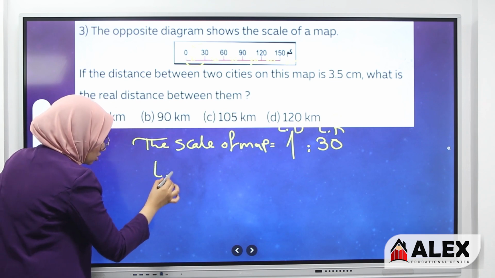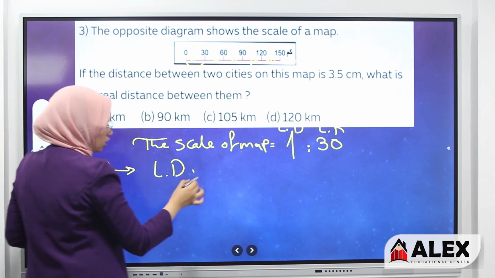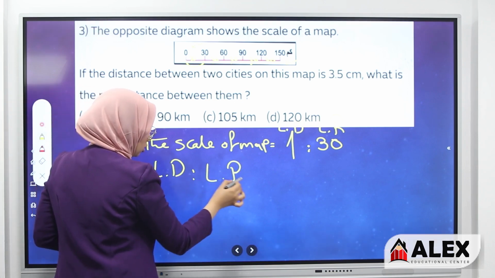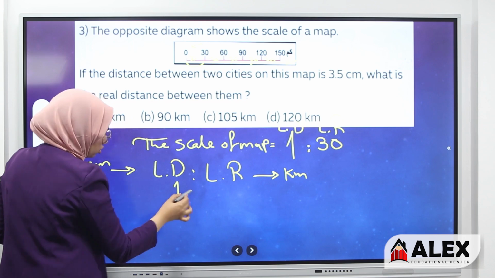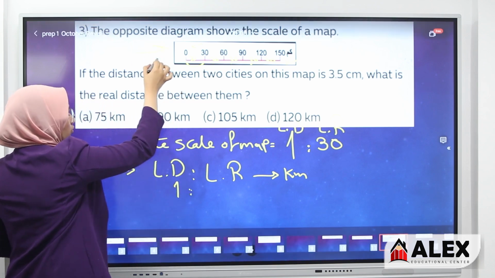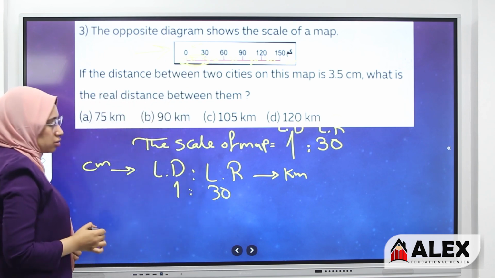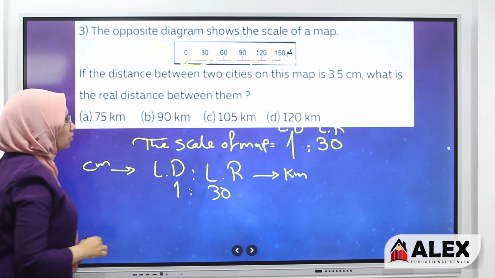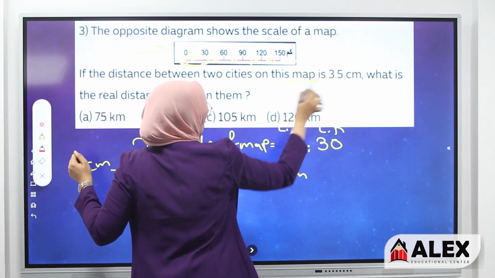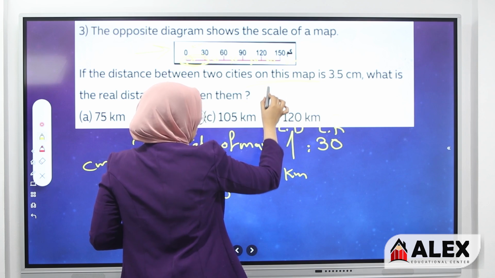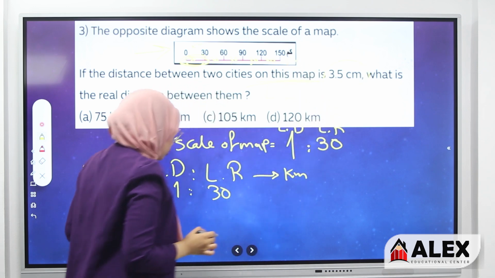Again, here the length of the drawing is in centimeters. The length of the real distance is in kilometers. From the diagram, 1 centimeter is 30 kilometers. Okay, then the distance between two cities on this map means the length of the drawing equals what? 3.5.